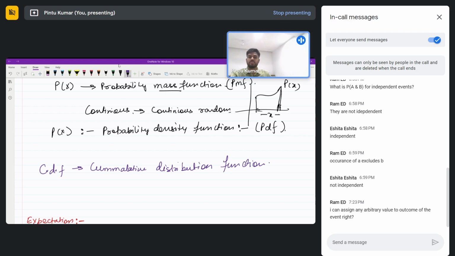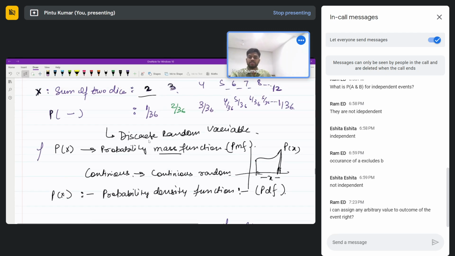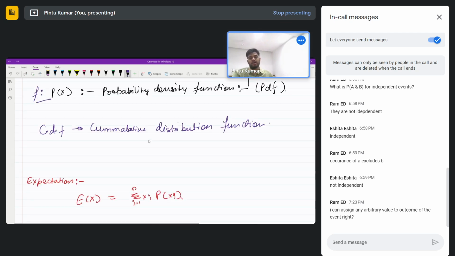The probability mass function as well as the probability density function is generally represented by small f, and the CDF is represented by capital letter F. So F of x is the probability that x is less than or equal to A, where A is some point.